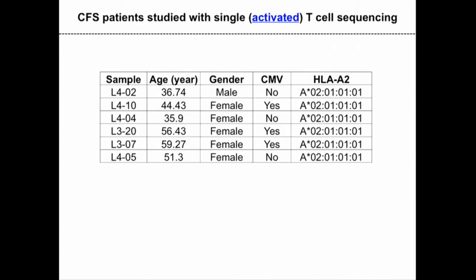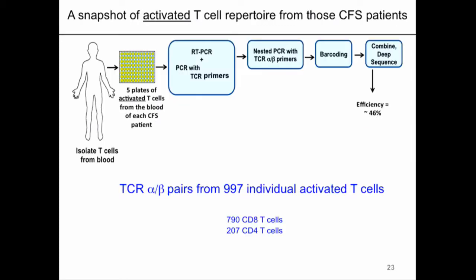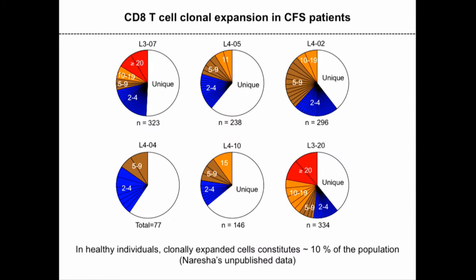We looked at 6 patients which had particular HLA types, and we put our methodology to work. We ended up sequencing about 1,000 individual T cells. And sure enough, the CD8 cells from all of these patients showed evidence of a marked clonal expansion, that something's going on that's stirring these cells up. Particularly, there's an antigen, almost certainly an antigen-triggered event, that is causing them to divide.